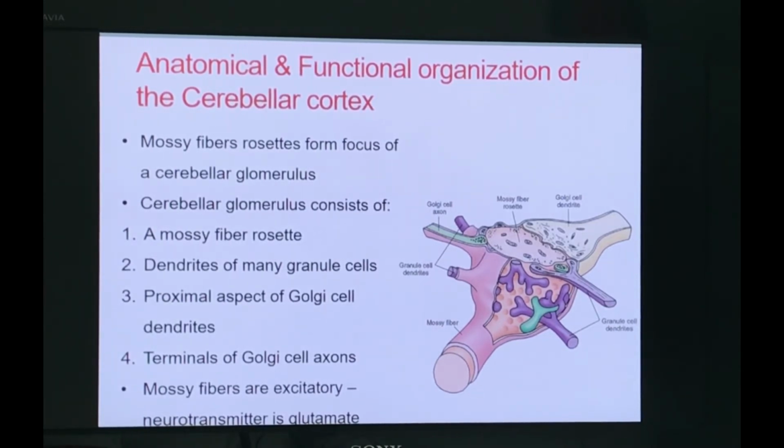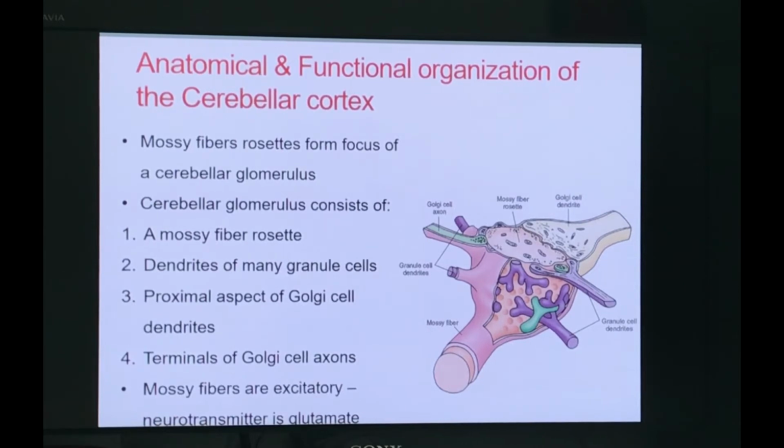Then it also has the proximal aspect of the Golgi cell dendrites and the axons of the Golgi cells. So all these structures form the cerebellar glomerulus, which mainly maintains a balance between inhibition and excitation.